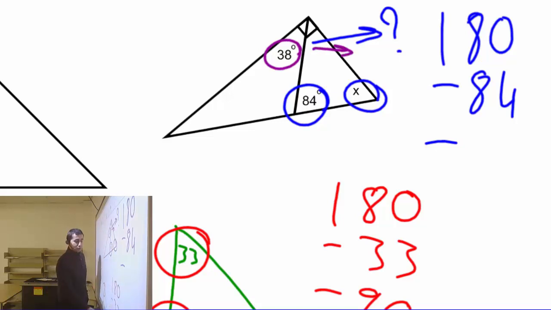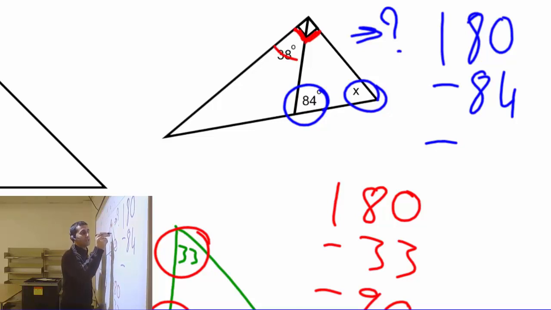And please do notice that this part is 90 degrees. In other words, that is 90 degrees. So I need a number here. This plus 38 will be 90.